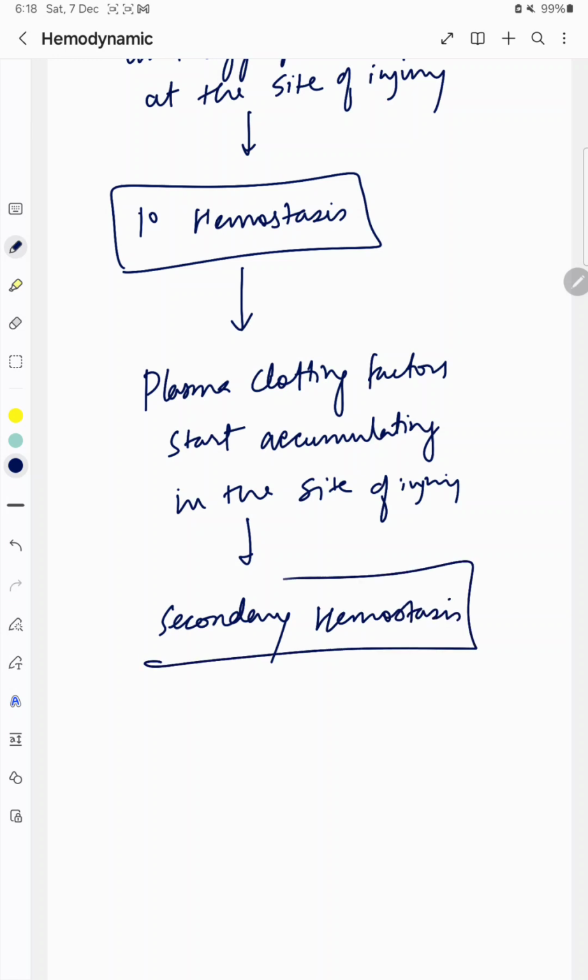This is also known as permanent clot formation. This is the blood vessel, this is the site of injury. First platelets accumulate, then clotting factors come and form a permanent clot.